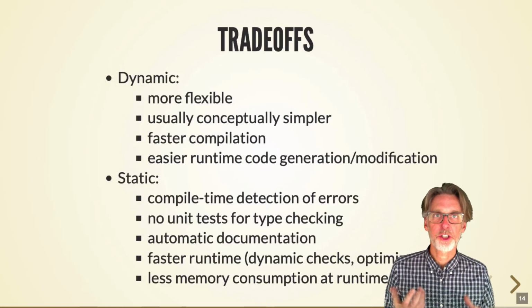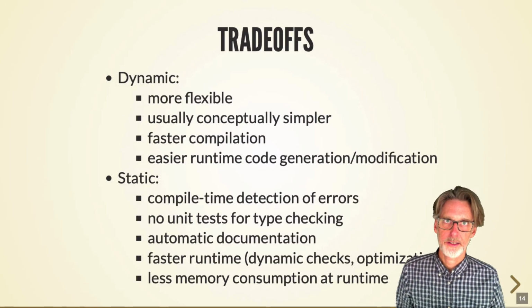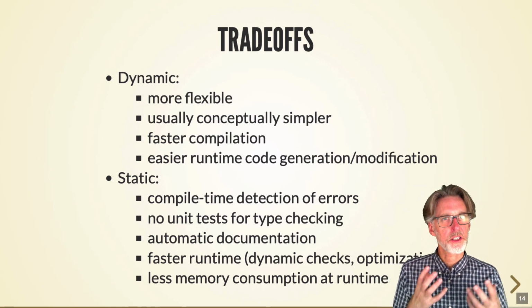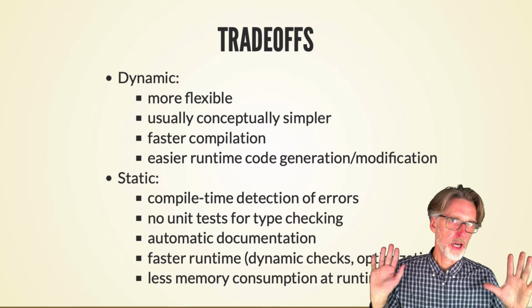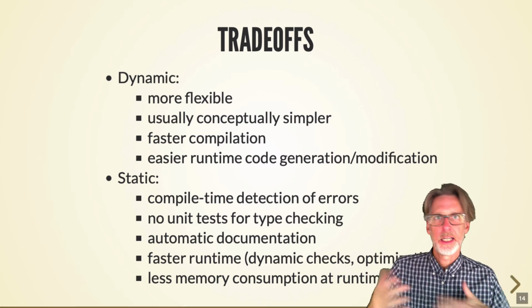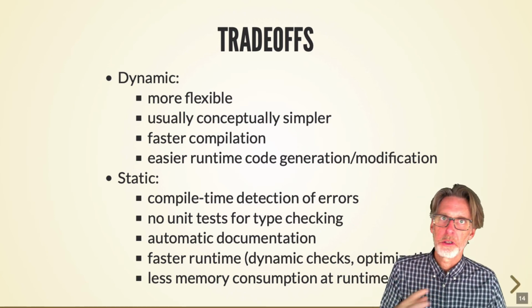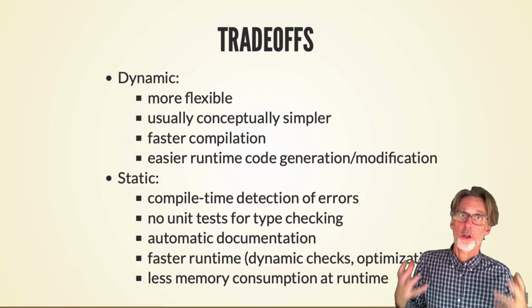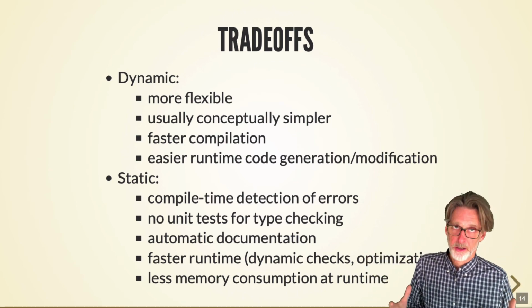Dynamic and static checking both have their place. Dynamic checking is more flexible. It's a little simpler because I don't have to worry about the types of variables. There's less work to do because I don't have to check very much. Those are all great advantages of dynamic languages.